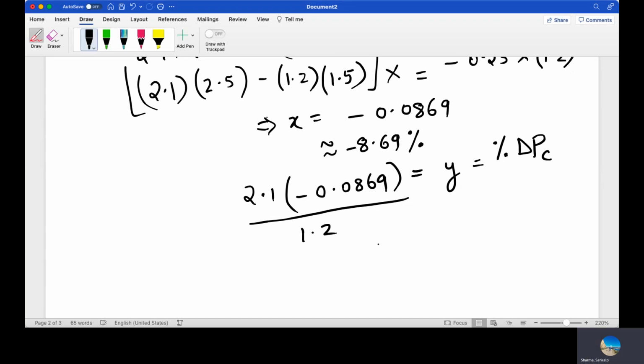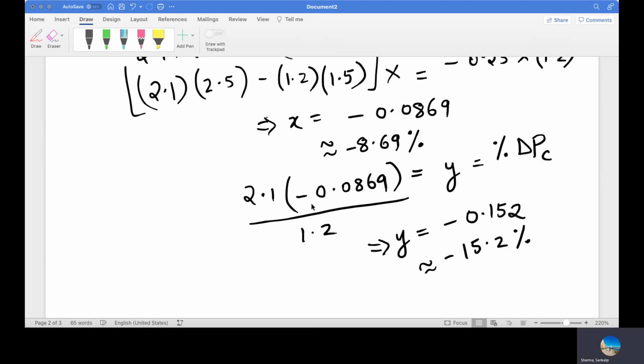So y equals negative 0.152, which is nothing but negative 15.2%. Okay, so those essentially are your price changes.